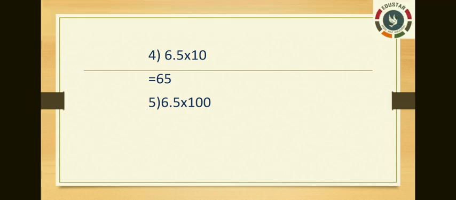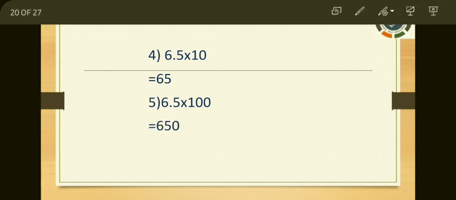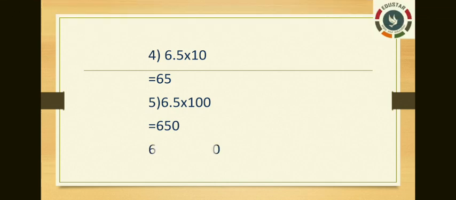The answer is 650. Next question, sixth question, 6.5 into 1000. In 1000, how many zeros are there? 3 zeros. The decimal point is shifted 3 places to the right. So the answer is 6500.